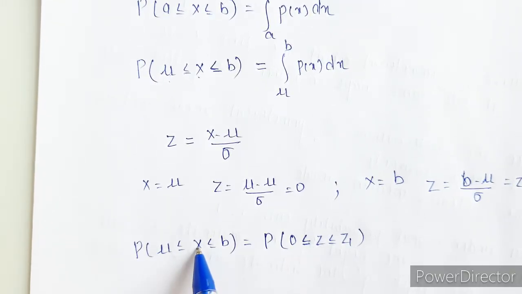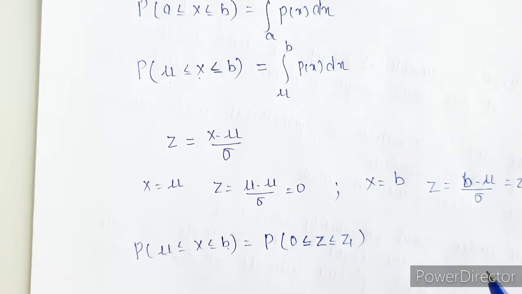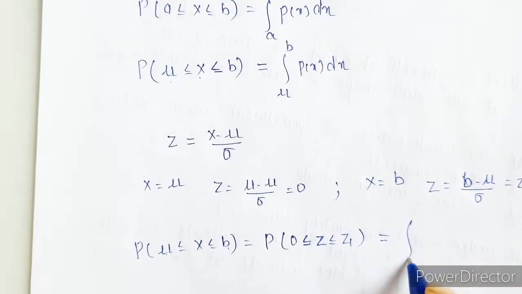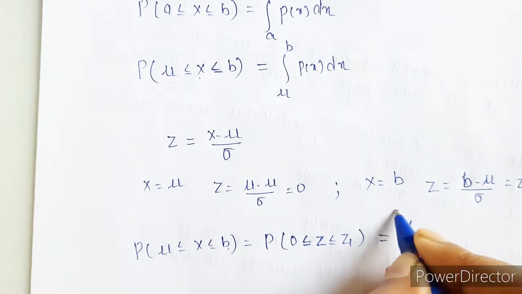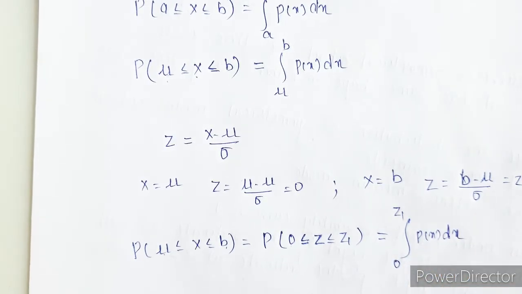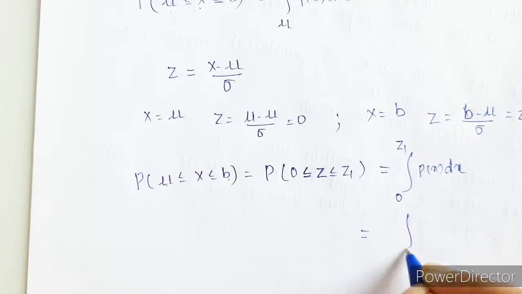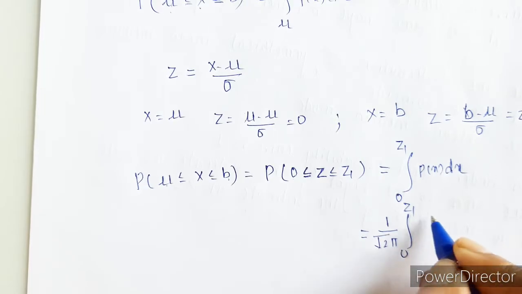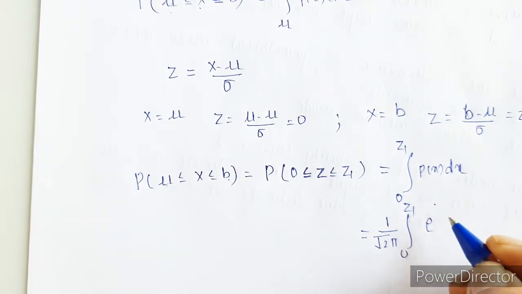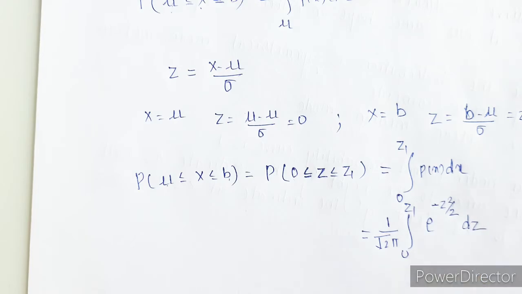The probability of the random variable from mu to b is nothing but the standard variate varying from 0 to z1, which is the integral from 0 to z1 of p(x) dx, or we can write this as the integral from 0 to z1, taking root 2 pi out, of e raised to the power minus z square upon 2 dz.